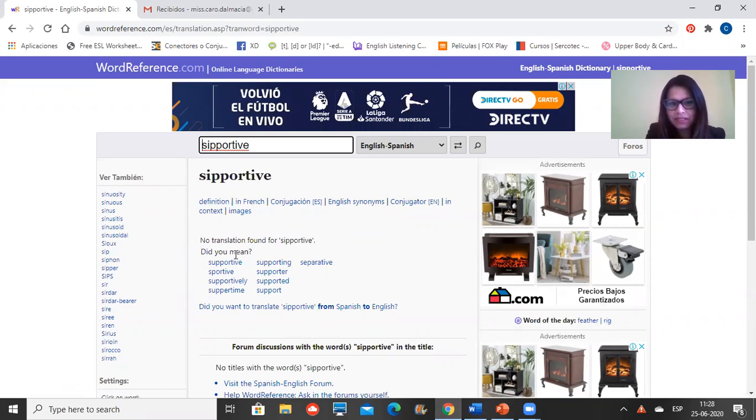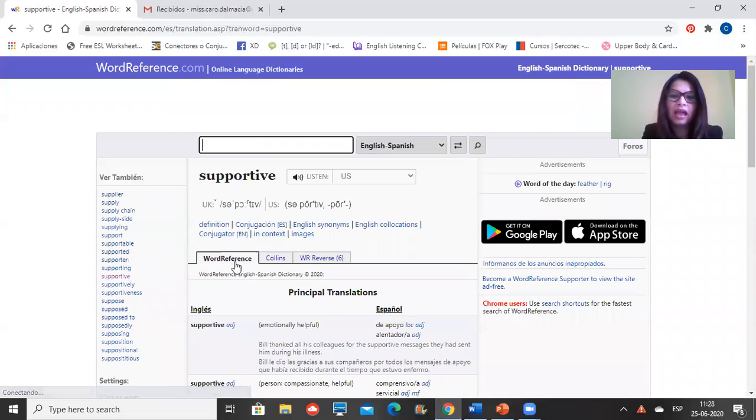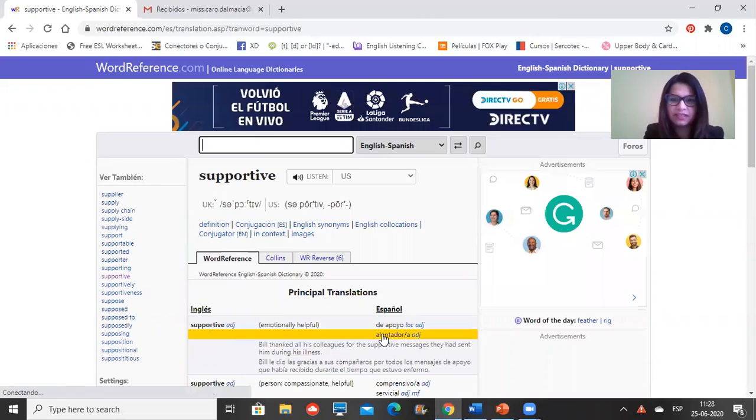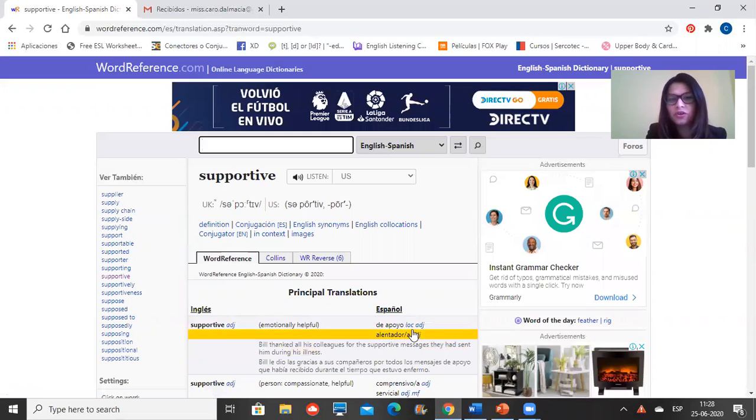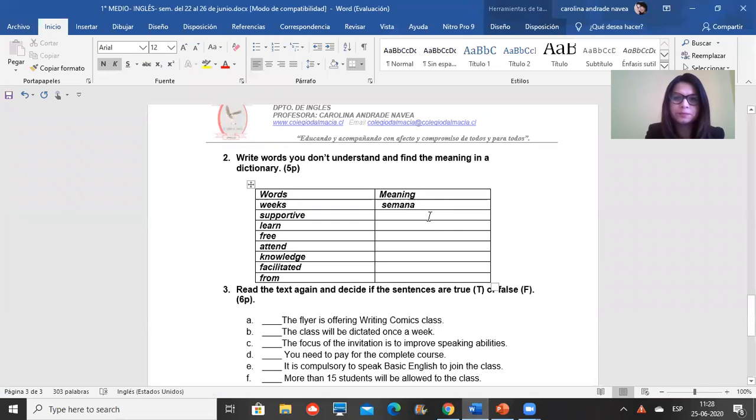Then it is giving me another options, okay? Supporting, and I think that's the supportive. That's the one that I need. Okay, supportive, and then alentador, de apoyar, de apoyo, okay? So we're going to write here, apoyar.